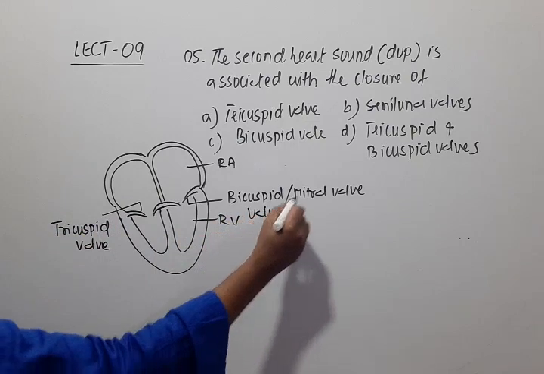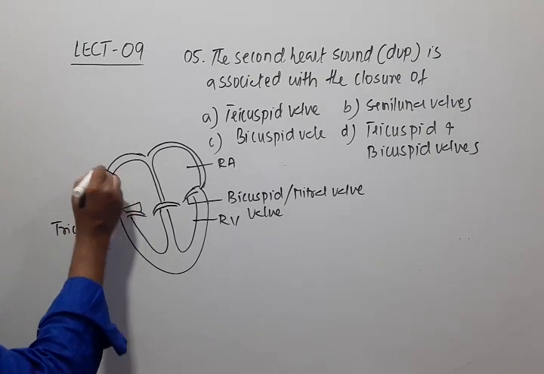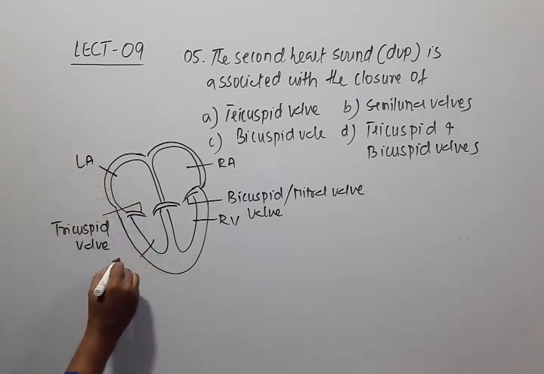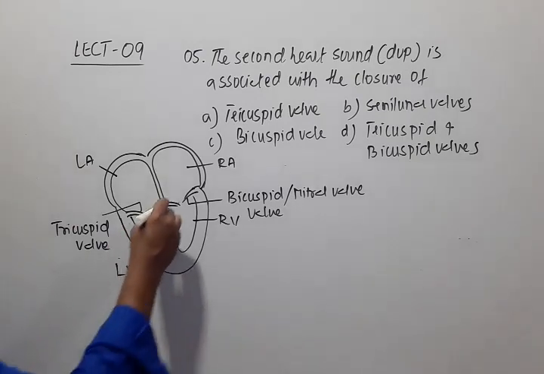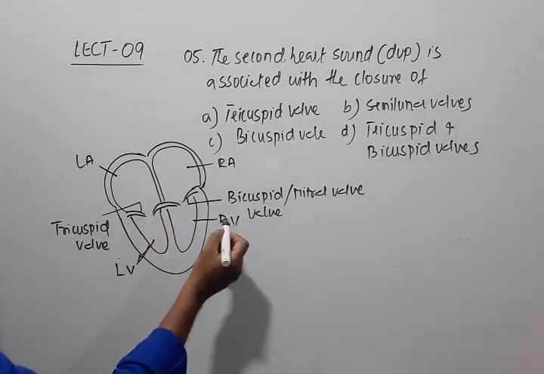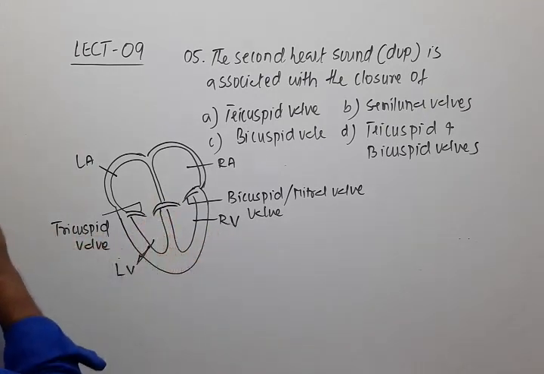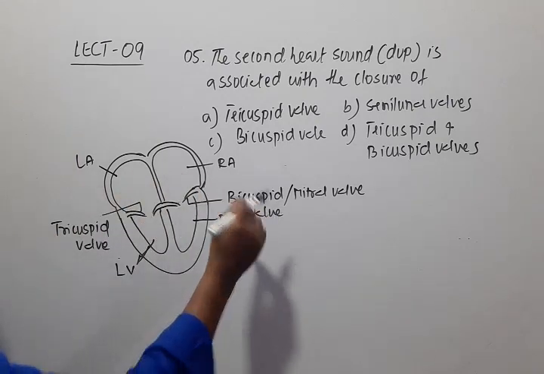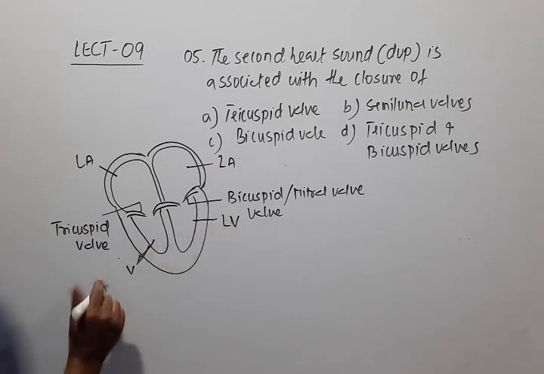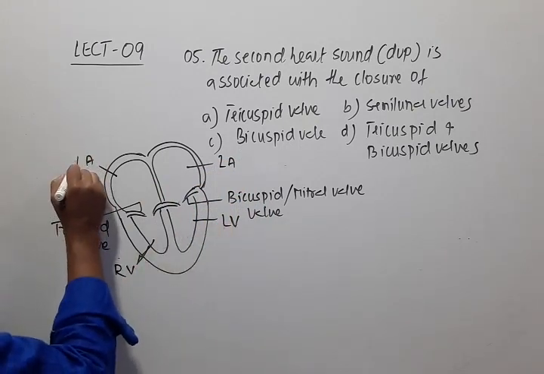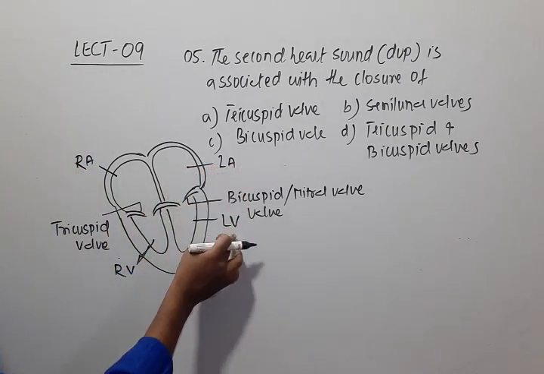On the left side, this is the left atrium and this is the left ventricle. Sorry, this side is the left auricle and left ventricle.